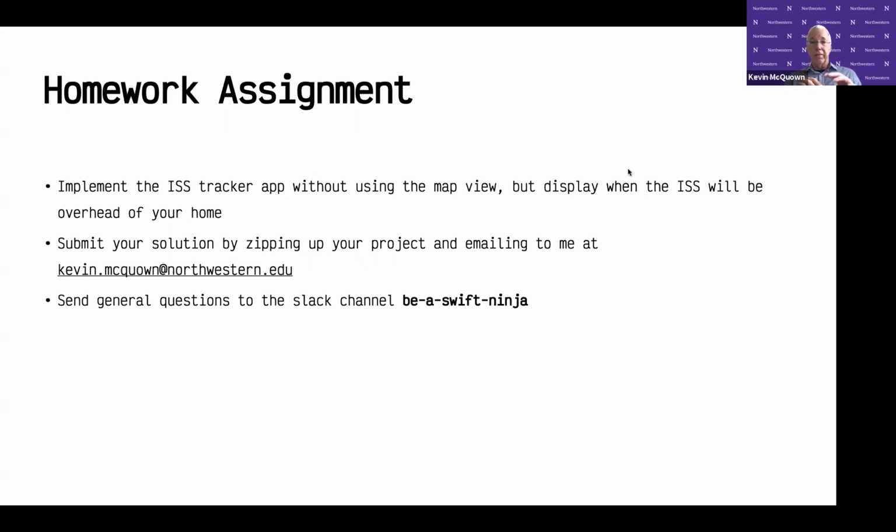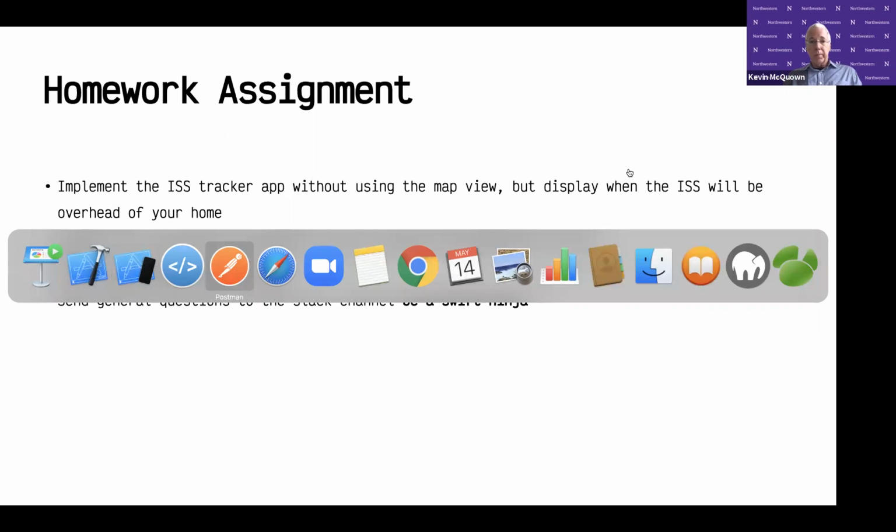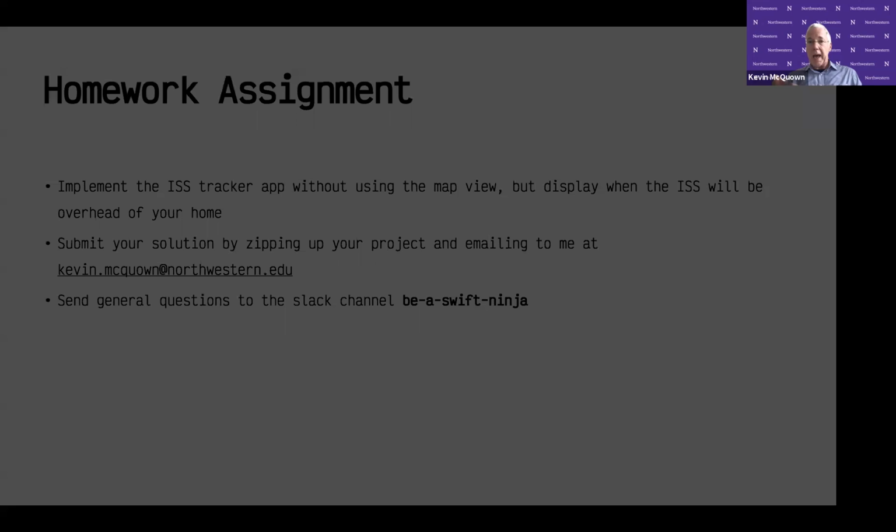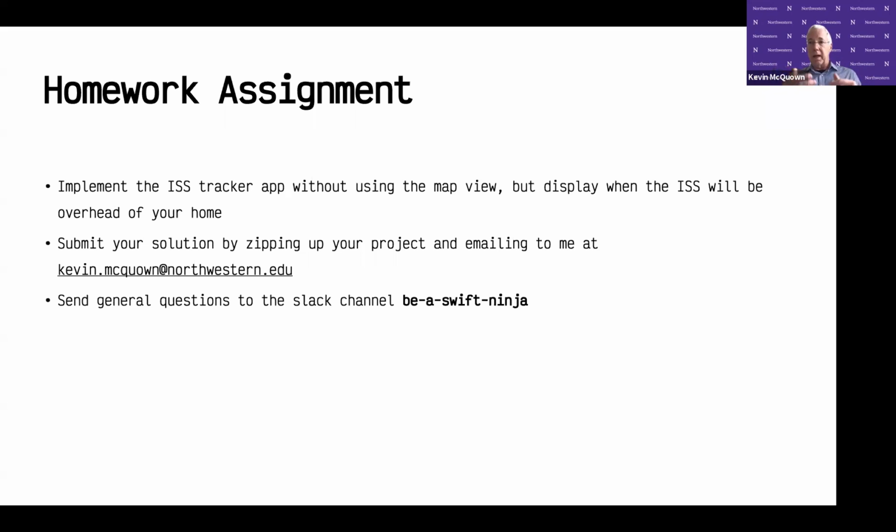So basically, if you put Postman on, you're going to go, okay, whatever that other call is, I'm going to put it in here, and I'm going to look at the payload that comes down from it, and then I'm going to build up my struct to match that, make it decodable, and then instead of putting something on a map, I'm going to just write out to some labels in the app to say, here's the date and time that the ISS is going to be overhead the next time. And I think that'll be kind of a cool piece of information.